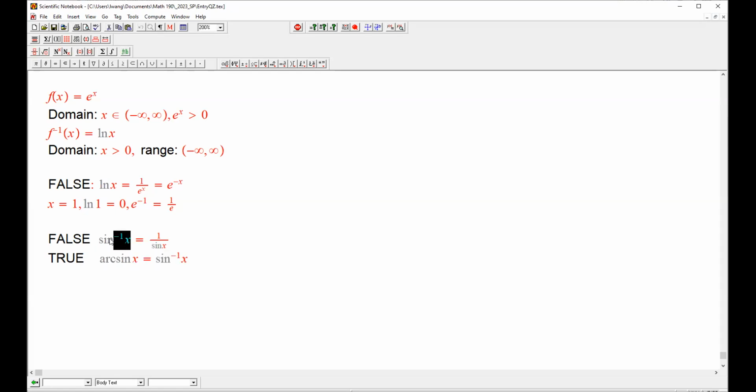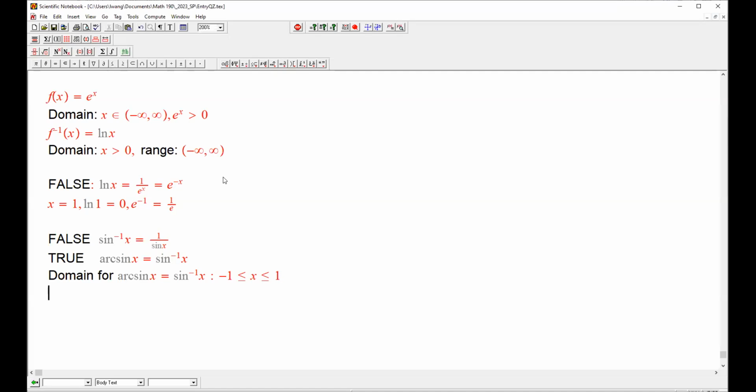The domain for arc sine, if you have studied trigonometry, right? What is the domain? The input has to be between -1 and +1.